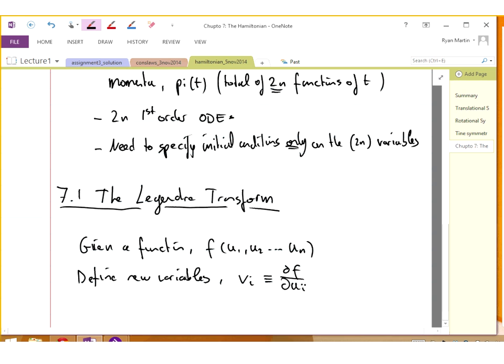So there's as many vi's as there are ui's, right? So you have this function, it could be anything, it could be a Lagrangian, and then you define new variables that are the partial derivatives of that function with respect to the old variables.